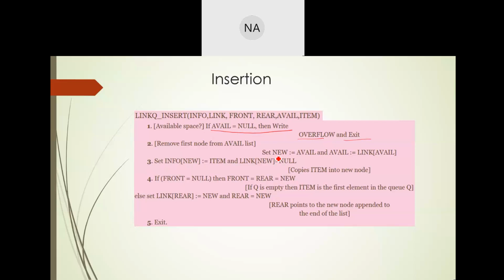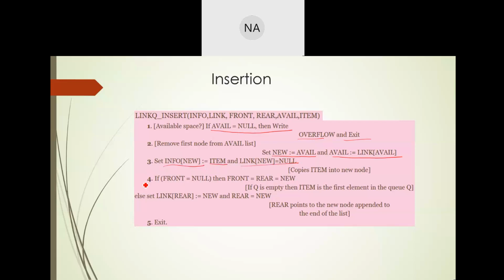So set new equal to avail and avail equal to avail link. That is, you remove the first node from the avail list, and the pointer to the first node is new. Then store the value of the item in the information part of the new node, and its link value is set to null.